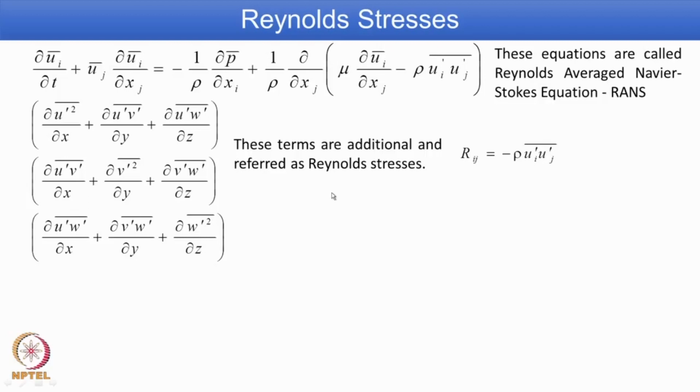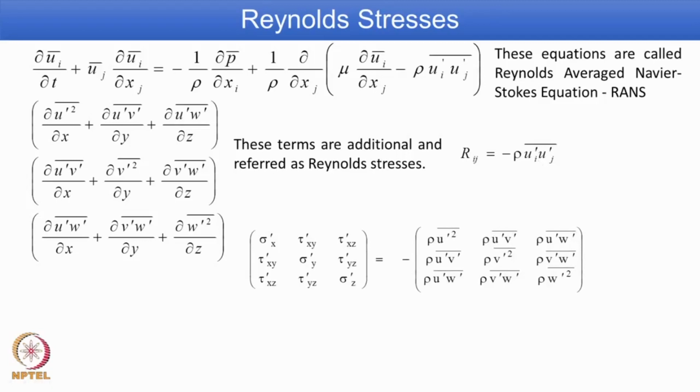We use a symbol either tau or R_ij equal to minus rho u_i' u_j' bar. Now we put only the stress term in the form of a matrix as shown here. Along the diagonal you have the normal stress terms, represented as sigma, and the off diagonal elements are shear stress terms, represented as tau.